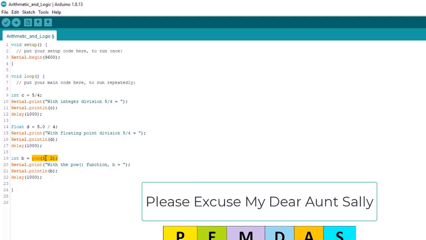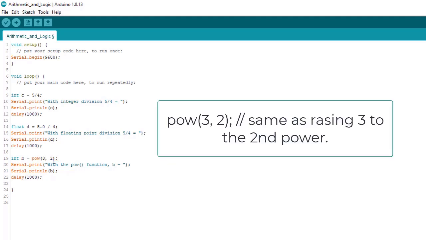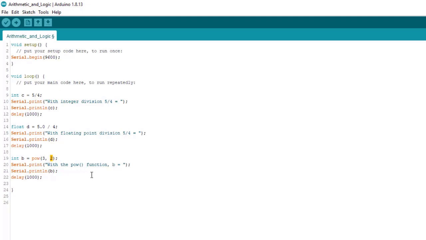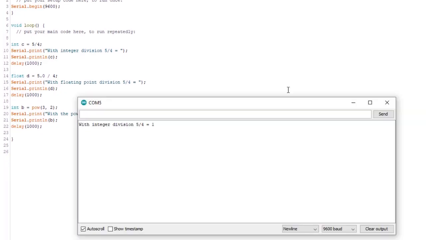We have two arguments here: 3, the number we want to raise to a given power, and then the power we want to raise it to. Let's go ahead, upload this, and take a look at what we get.